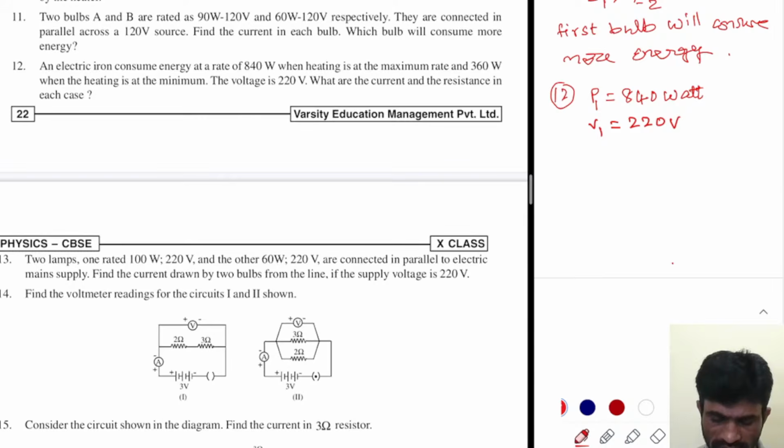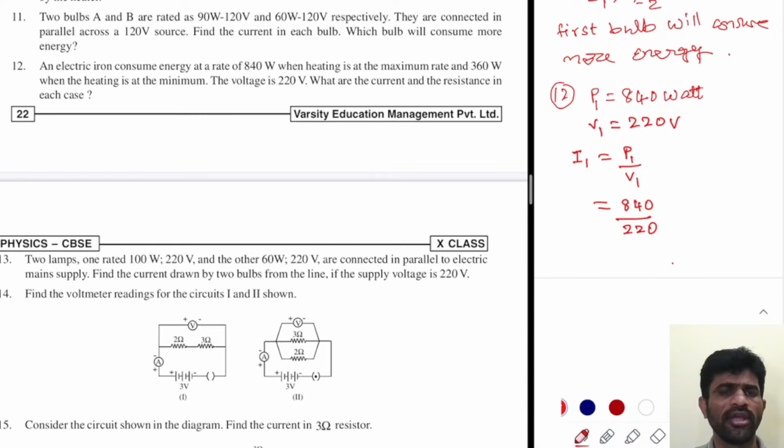When you want current, again the same formula: I1 is equal to power by voltage, P1 by V1. So power is 840 by voltage 220. 840 by 220. The zeros cancel.